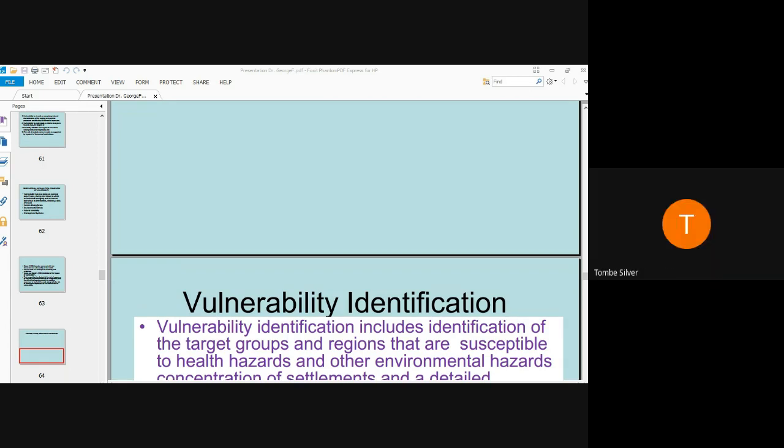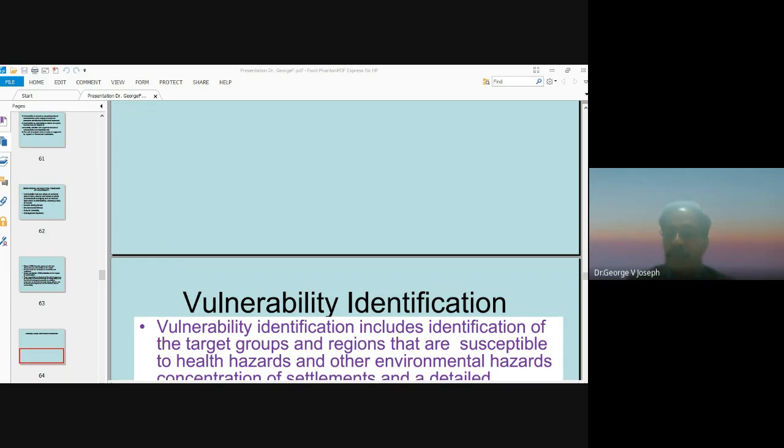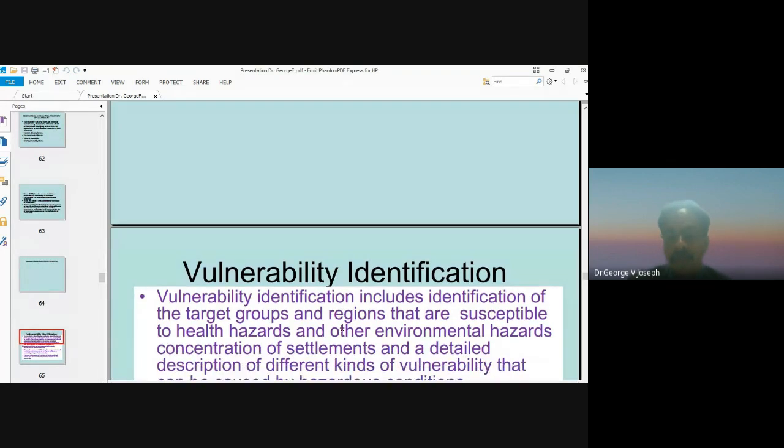Okay. So I think most of you are doing this, and I will add maybe one or two points. Many of you understand the concept of vulnerabilities. Mostly, many of us must be looking at vulnerability from the external factors. There is also the internal factor, so that we will also look at.